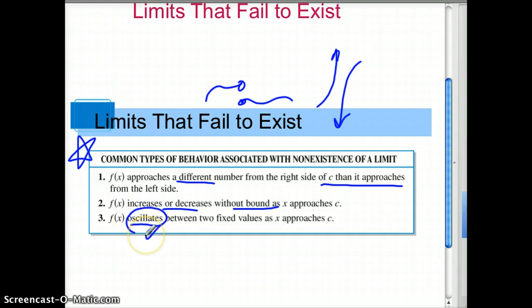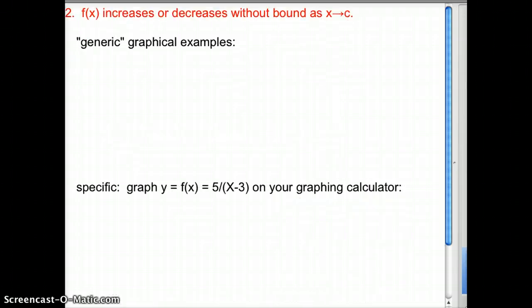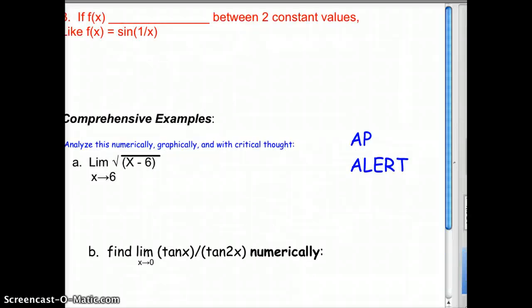This one we haven't seen happen, but if it keeps bouncing around between two values and you can't really see where it is. So make sure you know when they fail to exist. That's one thing I would have starred. And this just explains those three on this page. So we're just going through the notes page by page here.